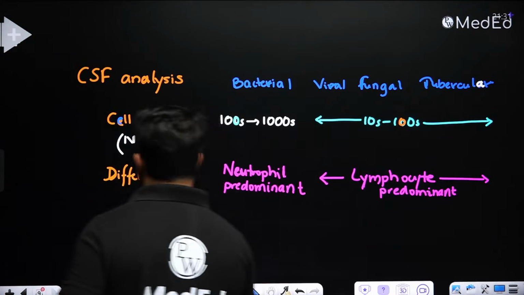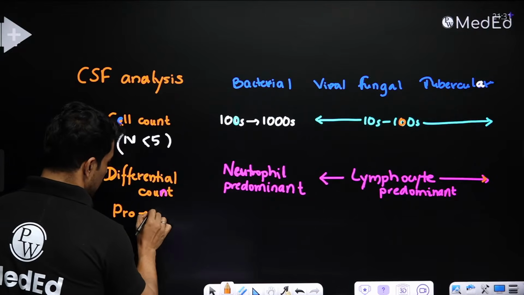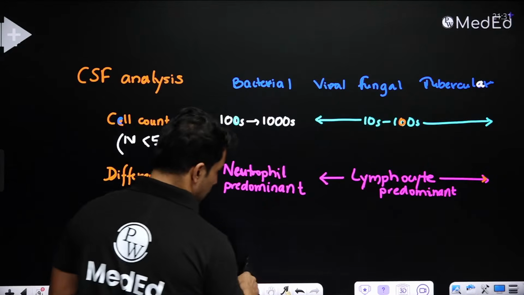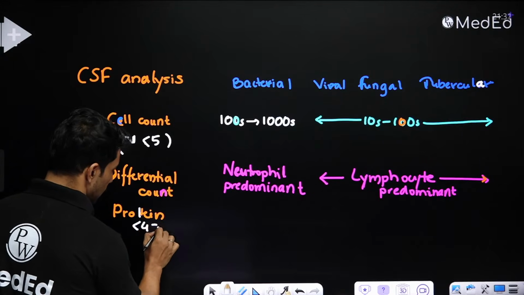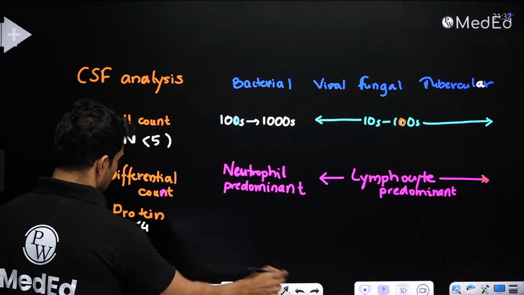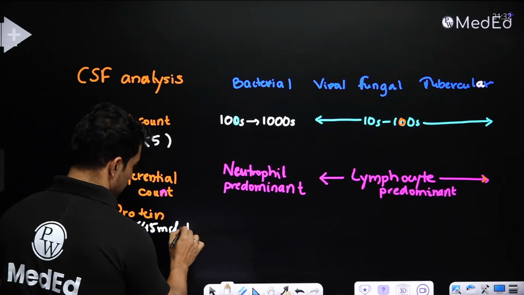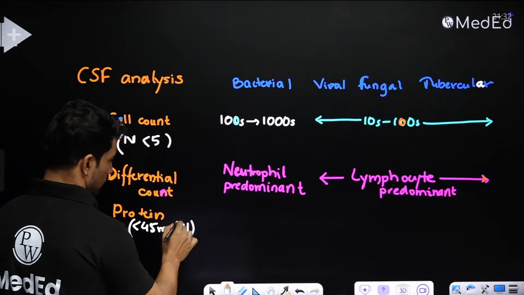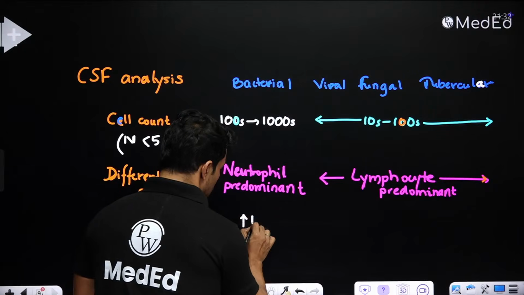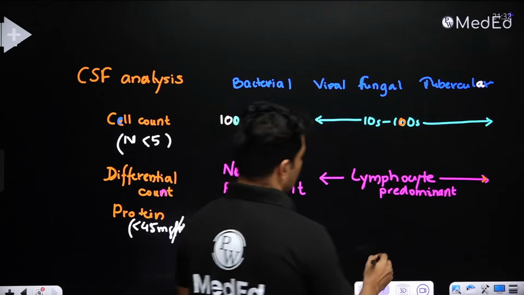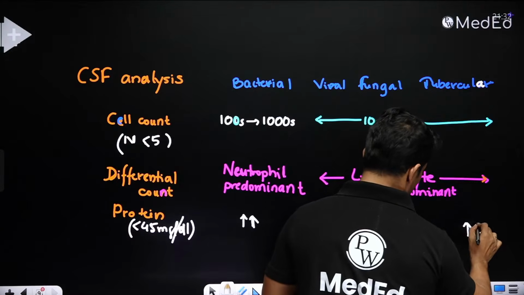In medicine, we don't give too much value to the CSF protein. The normal CSF protein is usually less than 45 milligrams per deciliter. It is usually significantly increased in bacterial, fungal and tubercular.